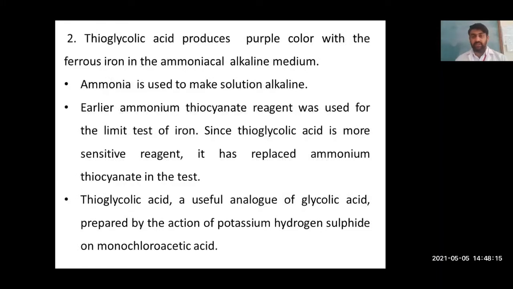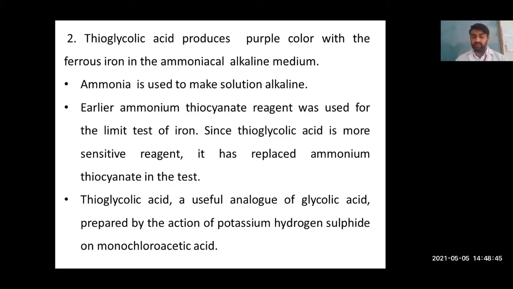And thioglycolic acid forms that ferrous thioglycolate complex with the ferrous ions in the ammoniacal alkaline medium, which is purple to pale brown in color. Ammonia makes the solution alkaline. Earlier, we used ammonium thiocyanate as a reagent for the limit test, but since thioglycolic acid is more sensitive, thiocyanate has been replaced with thioglycolic acid in the test.